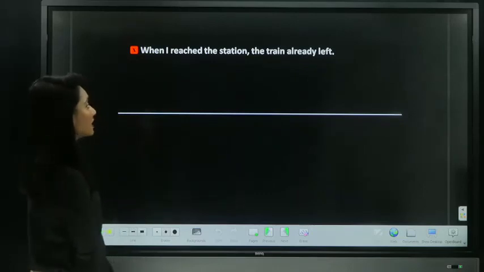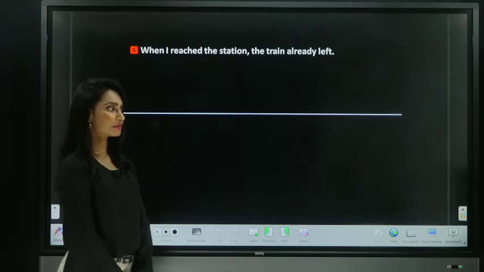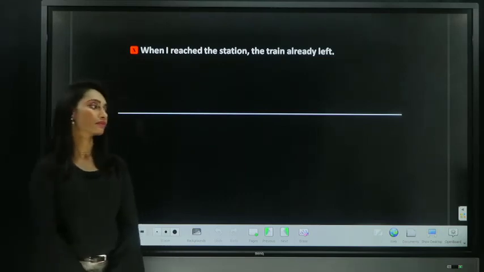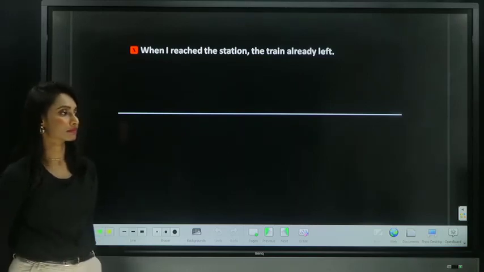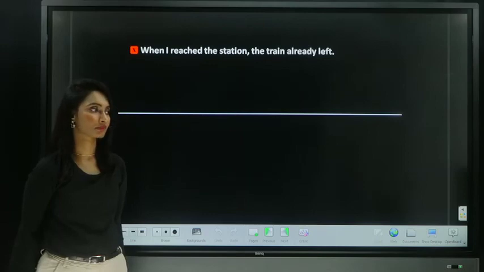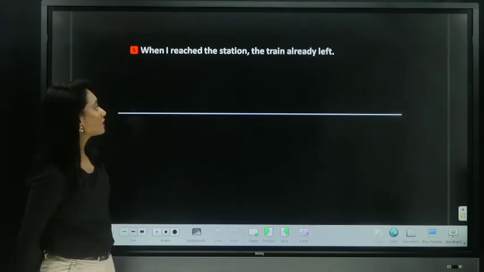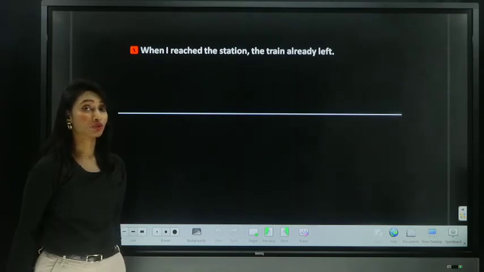Now look at the next sentence. When I reached the station, the train already left. You got two actions here.